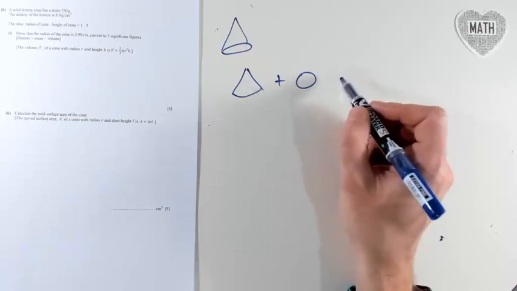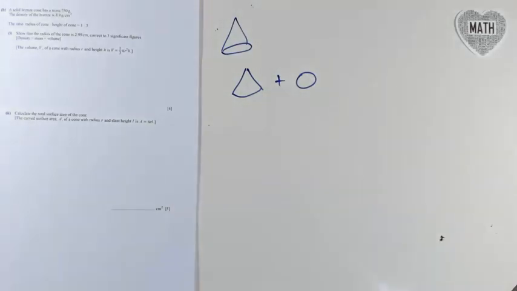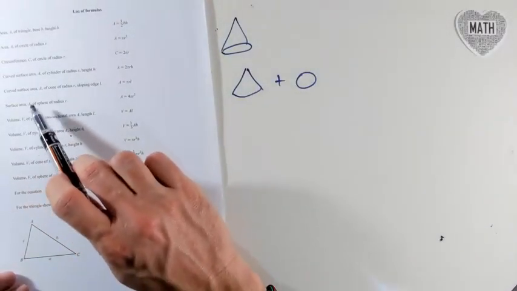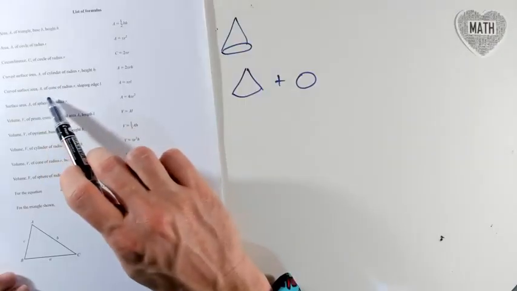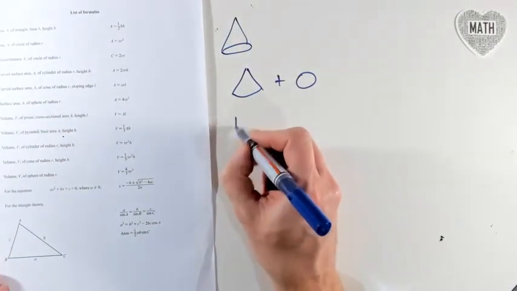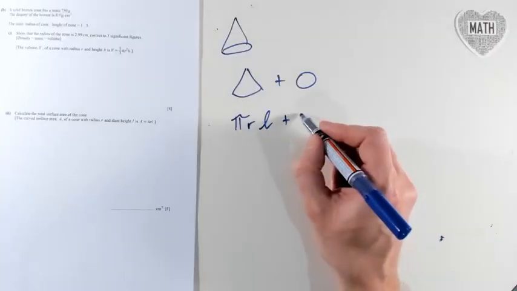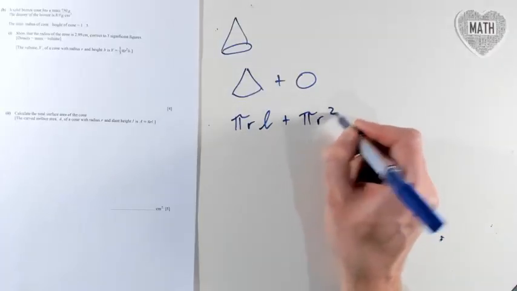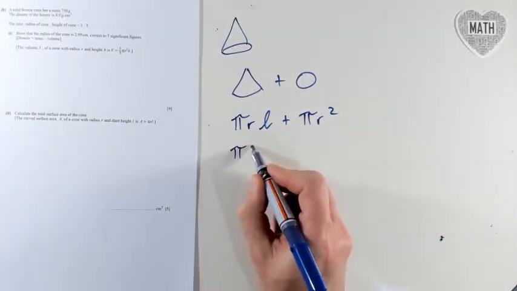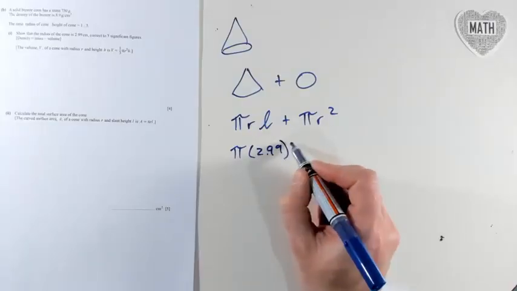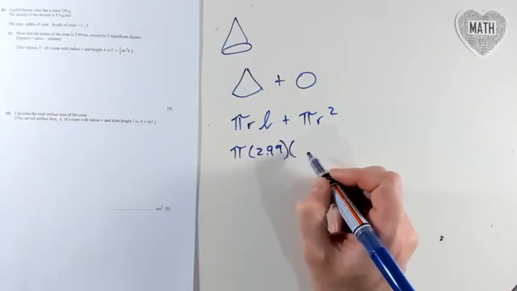And yeah, that would be pretty much it. So on the formula sheet, you'll have this little formula sheet given, and it says the curved surface area of a cone is pi r l, and the circle is pi r squared.